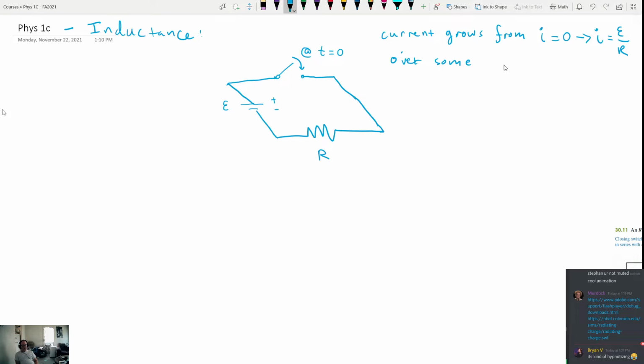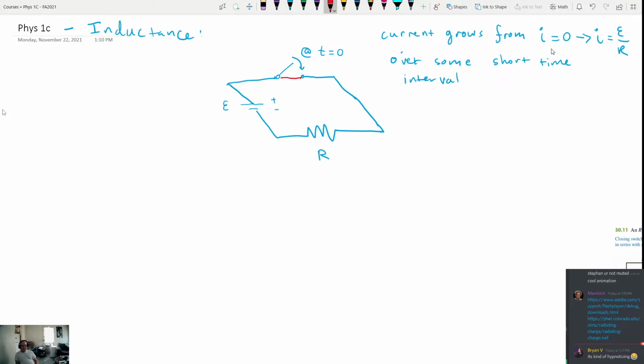And it's probably going to be a very, very short time interval, probably on the order of nanoseconds. But nonetheless, the current starts at 0 when the switch is open, and then when the switch is closed, current is going to be flowing through the circuit, right? So let's look at what happens when that's going on.